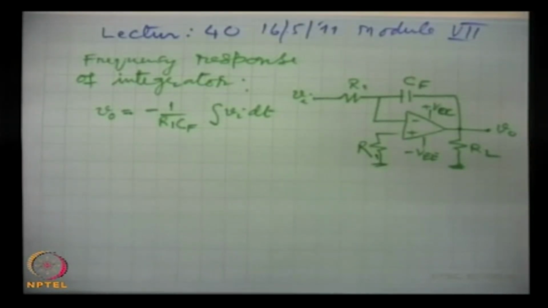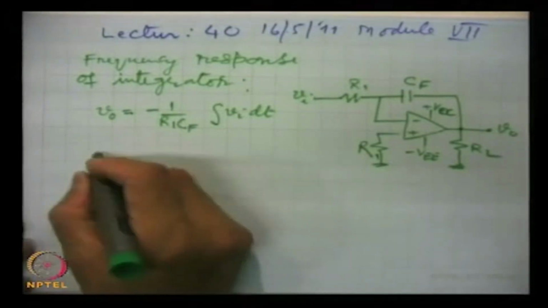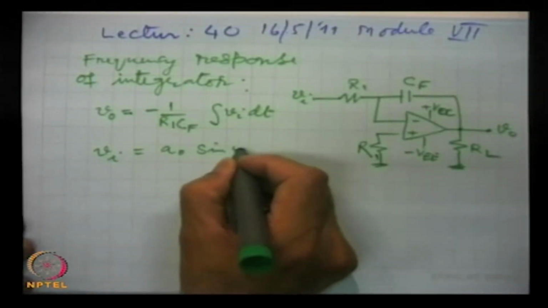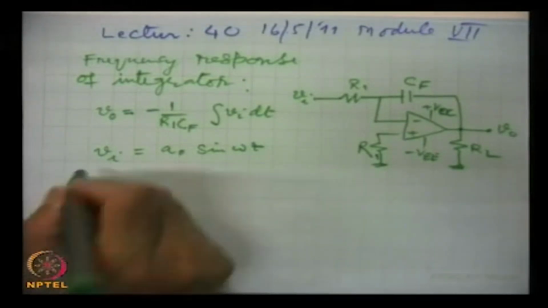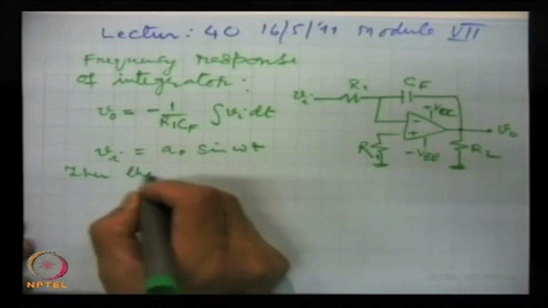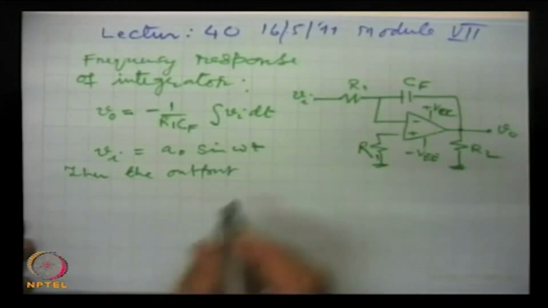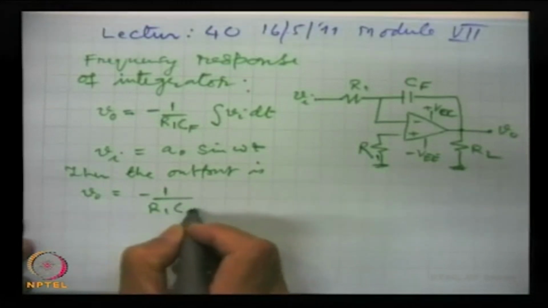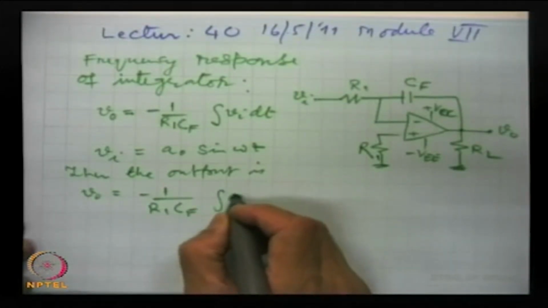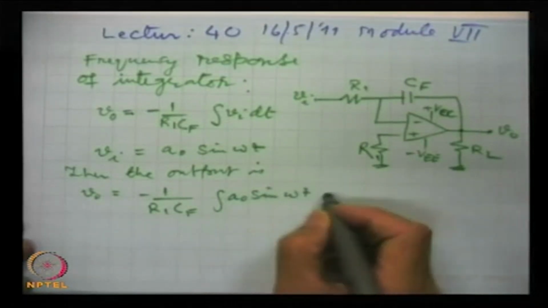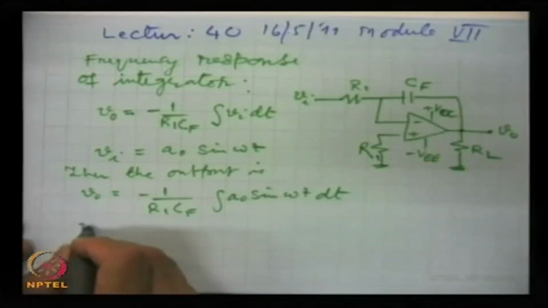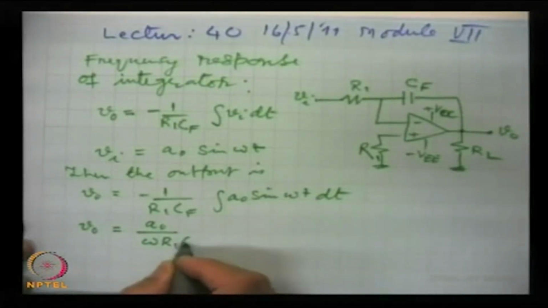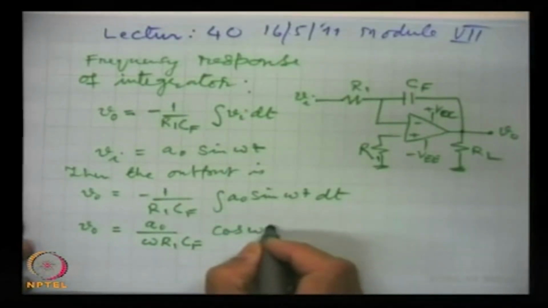And if we take that input signal Vi is expressed as A0 sin omega t, then the output of the integrator is V0 equal to minus 1 by R1 Cf integration A0 sin omega t dt, and this gives V0 equal to A0 by omega R1 Cf cos omega t.